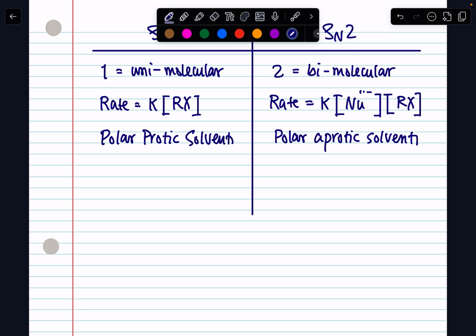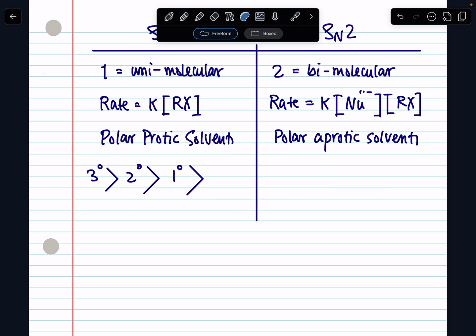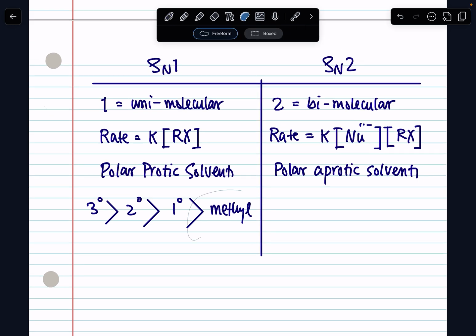The next difference is that when we look at different types of alkyl halides, I'm going to explain that as well. Just like where we had primary, secondary, tertiary alcohols and amines, you have the same thing here. This is methyl. You have primary, secondary, tertiary alkyl halides.